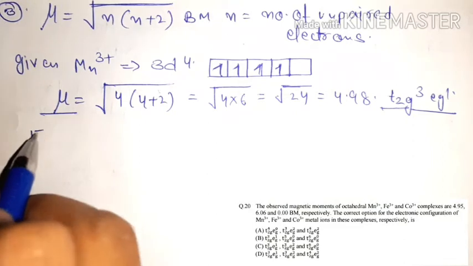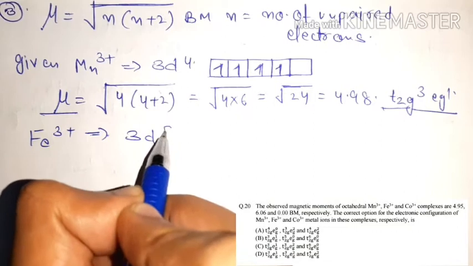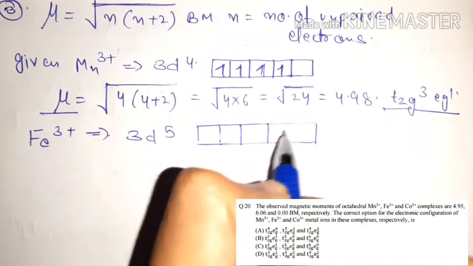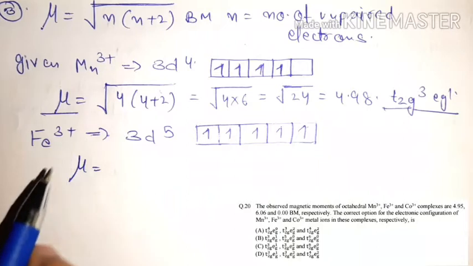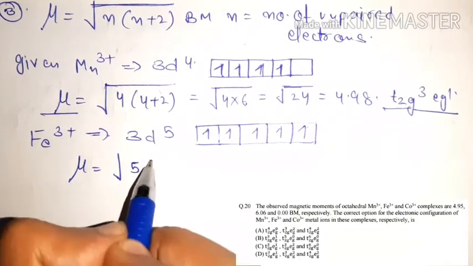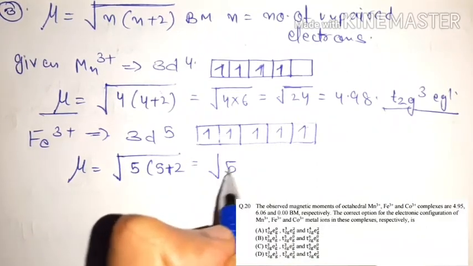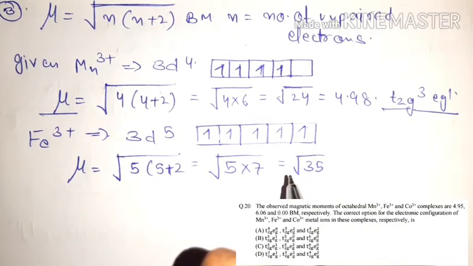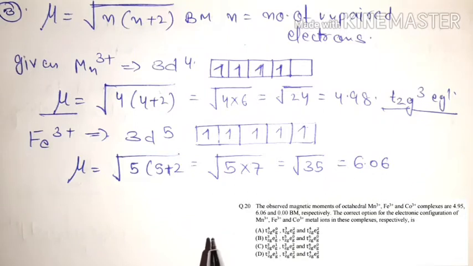Now in Fe3+, the electronic configuration is 3d5. So according to this condition, your magnetic moment will be √(5×(5+2)), that is √(5×7), which is √35. Okay, so √35 is nearly equal to 6.06 according to your question.